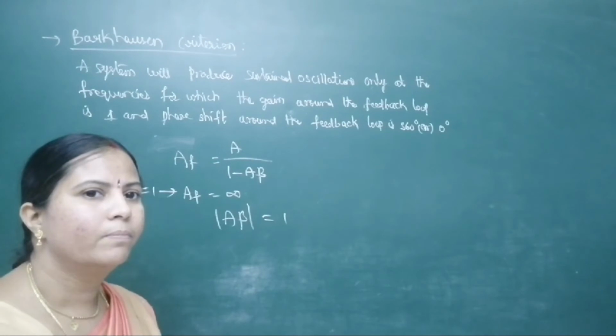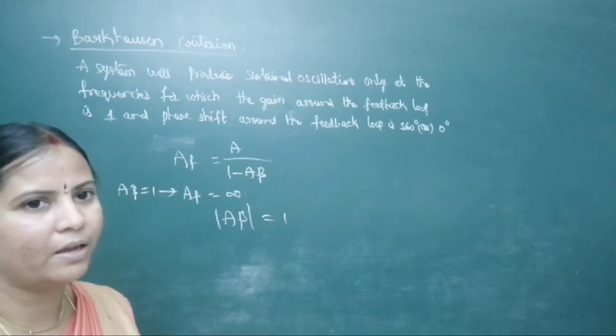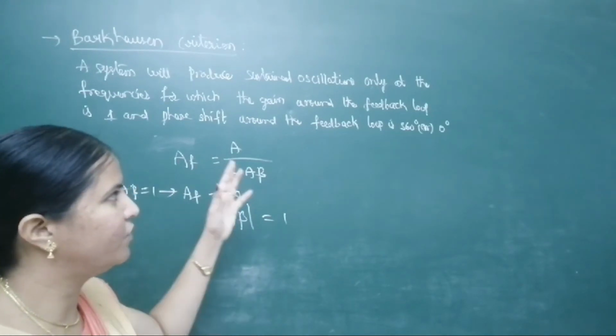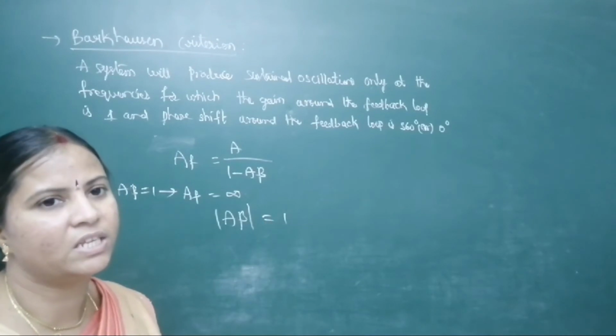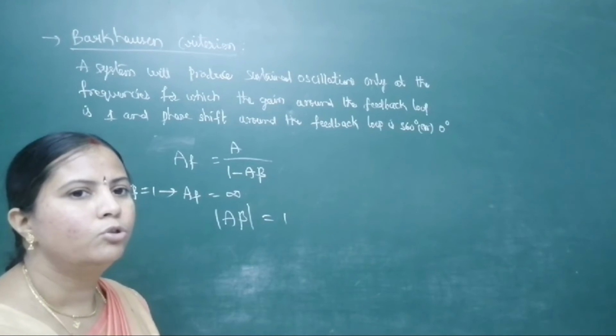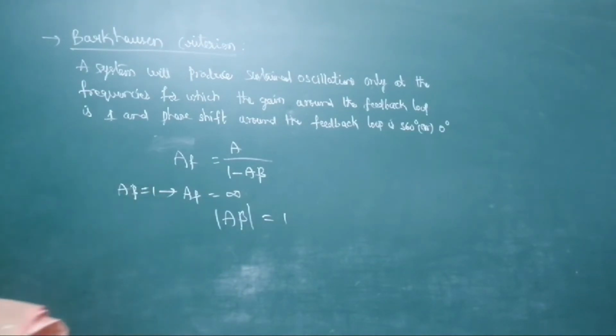The transistor amplifier must be operated with positive feedback, the loop gain must be unity, and the total phase shift around the feedback loop is 360 degrees or 0 degrees. These are the three basic conditions to produce sustained oscillation. So these are the Barkhausen criterion.